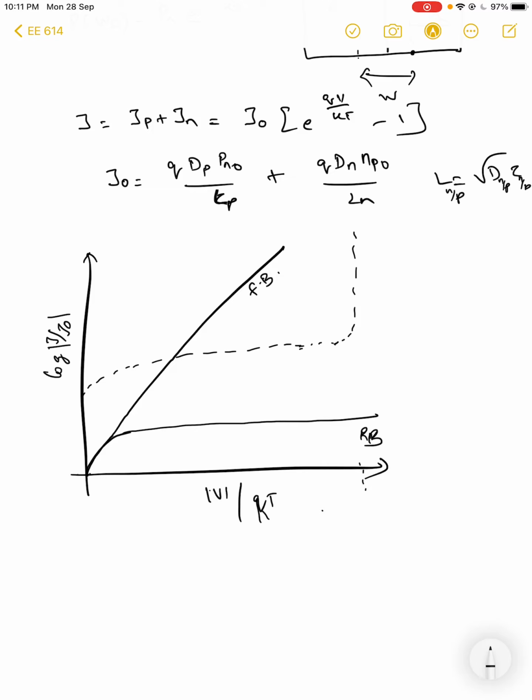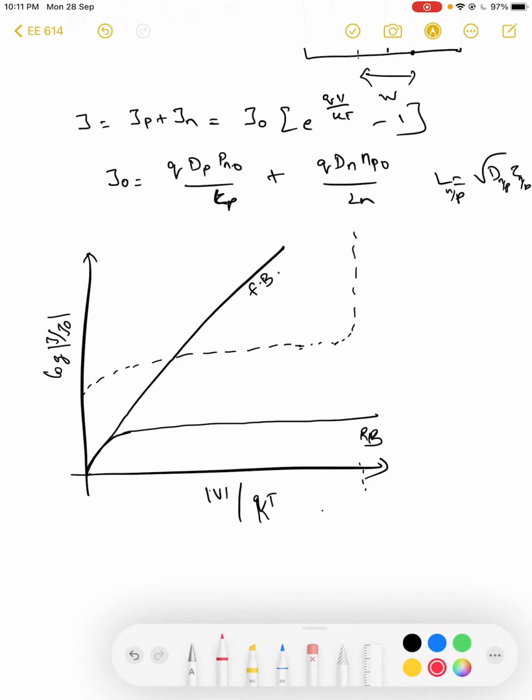Similarly, in the forward bias characteristics, there was a large deviation from the ideal diode relationship. For instance, the forward bias current at even small biases was very different. I am going to draw this in a different color.